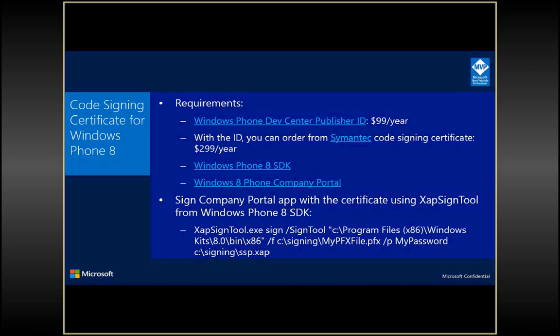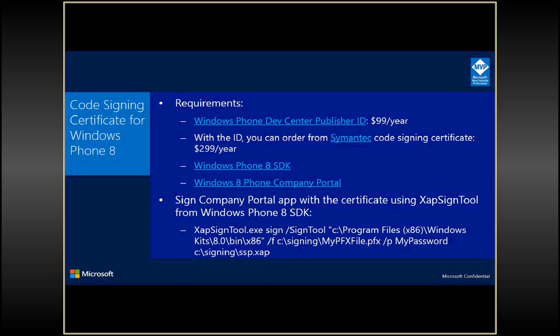When you have this publisher ID, you can then order a code signing certificate from Symantec, and that would cost you $299 per year. Also, you need to have the Windows Phone SDK.